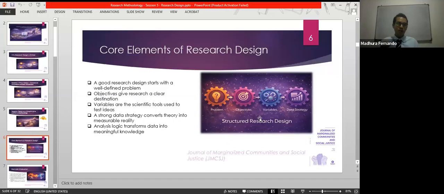Now, this strong data strategy converts theory into measurable reality. Sometimes, in the first place, when you are defining your problem, you have a certain theoretical basis. Say you have literature or you have a certain model. So, based on that model, you can develop your research problem and objectives and variables.